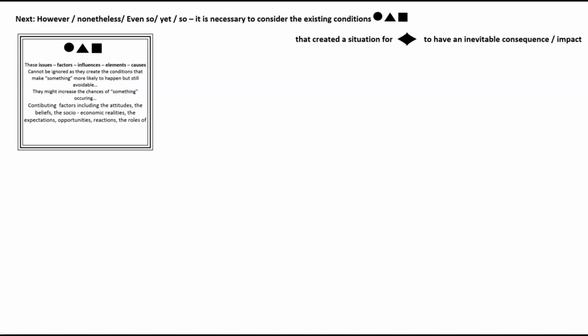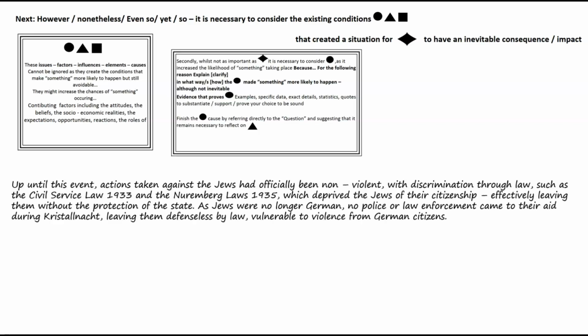So then we look at our other conditional factors, the things that had on the continuum structuralist view. So non-violent officially, with discrimination through law, and these were the different laws, and as the Jews were no longer German because of the Nuremberg laws, their citizenship had been stripped from them.